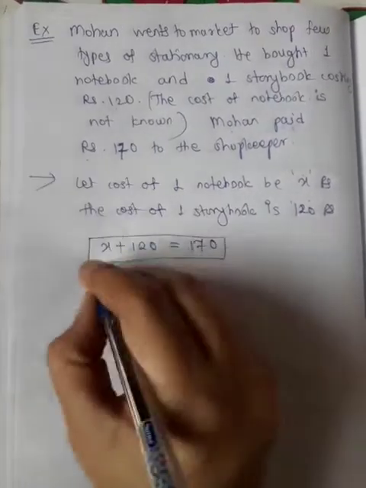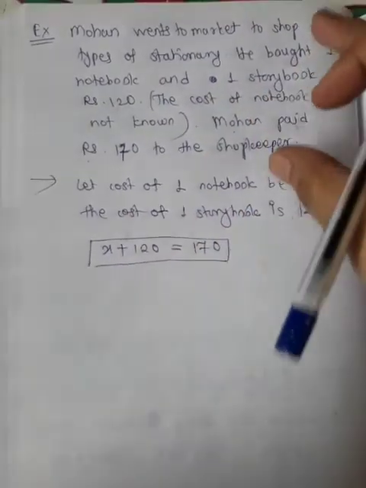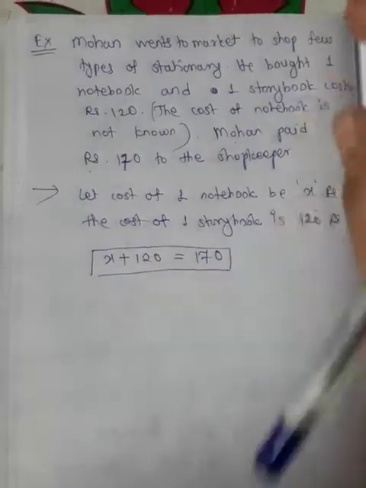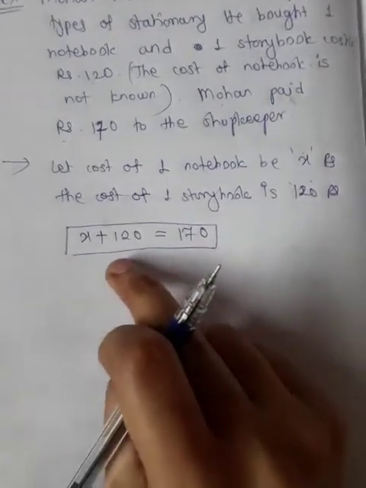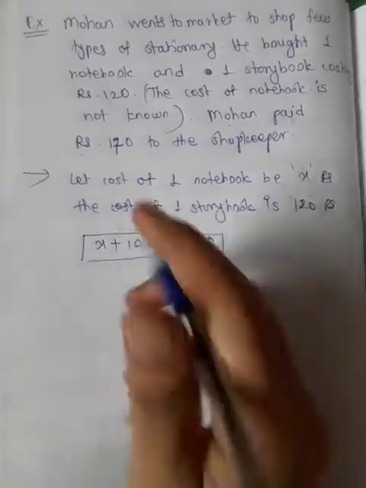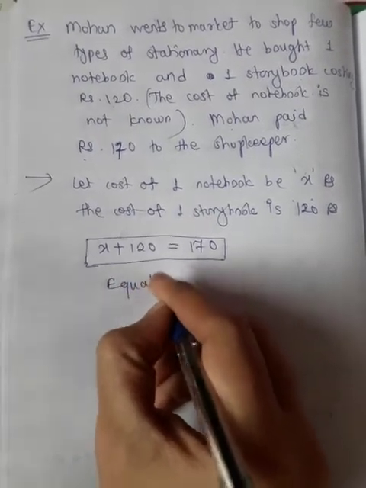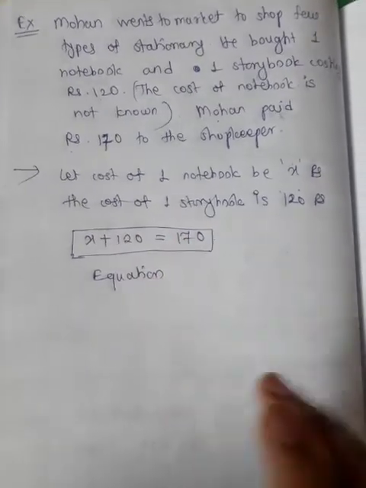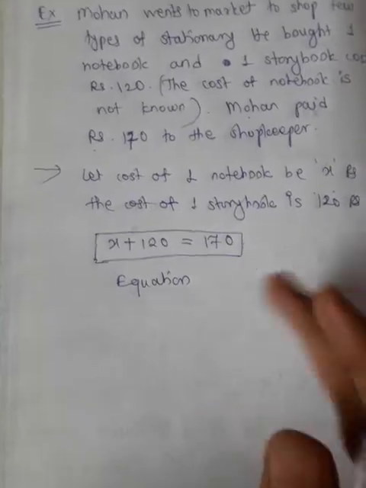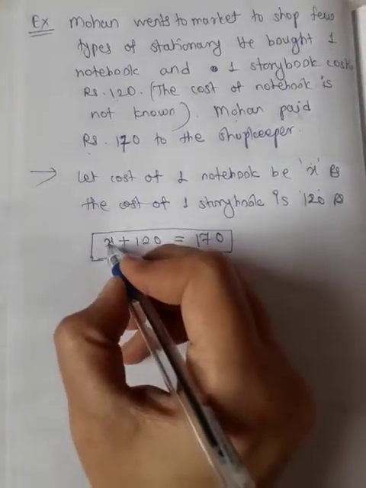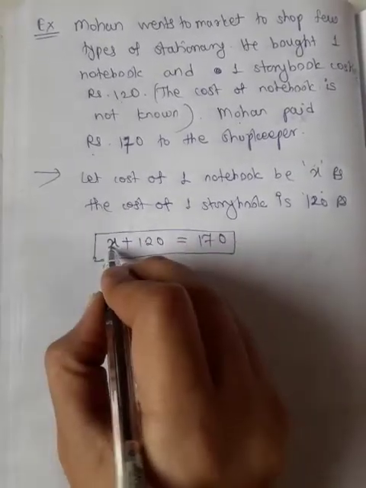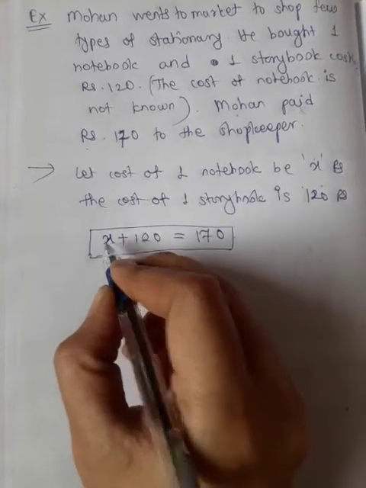So by this word problem, we converted it into a mathematical form, and this is nothing but an equation. In this equation, x is a variable which is unknown to us.